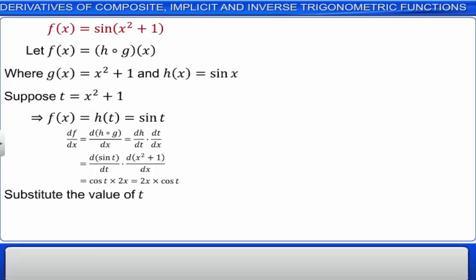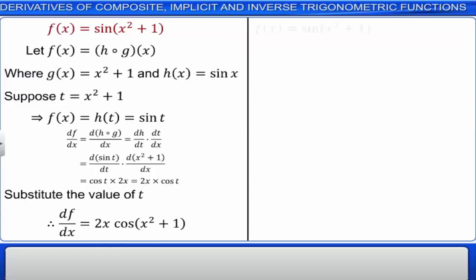Alternatively, its derivative can also be obtained by finding it directly. That is, on differentiating both the sides with respect to x, we get df/dx = d/dx of sin(x^2 + 1).